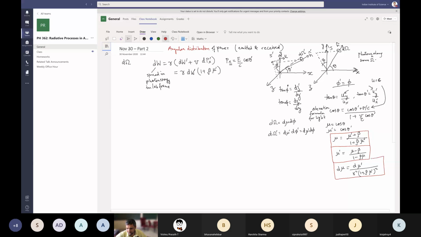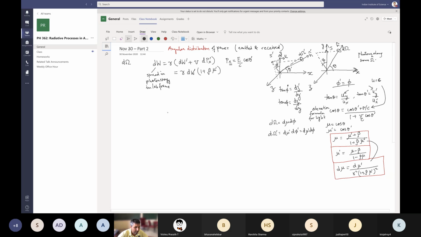This just comes from taking the derivative of this, and recalling that beta is equal to v by c, and gamma is (1 minus beta squared) to the power minus 1/2. Right, so this is the relation between the energy spread in the lab frame and the energy spread in the particle rest frame.